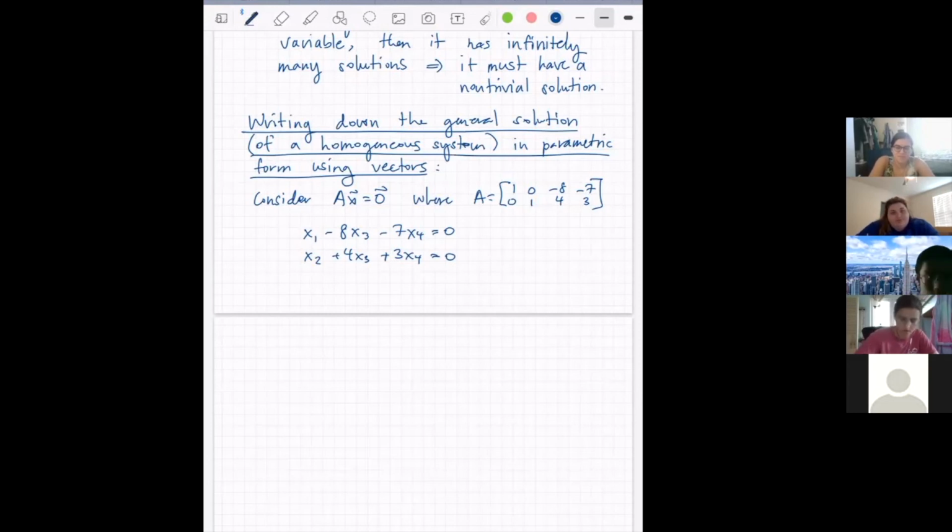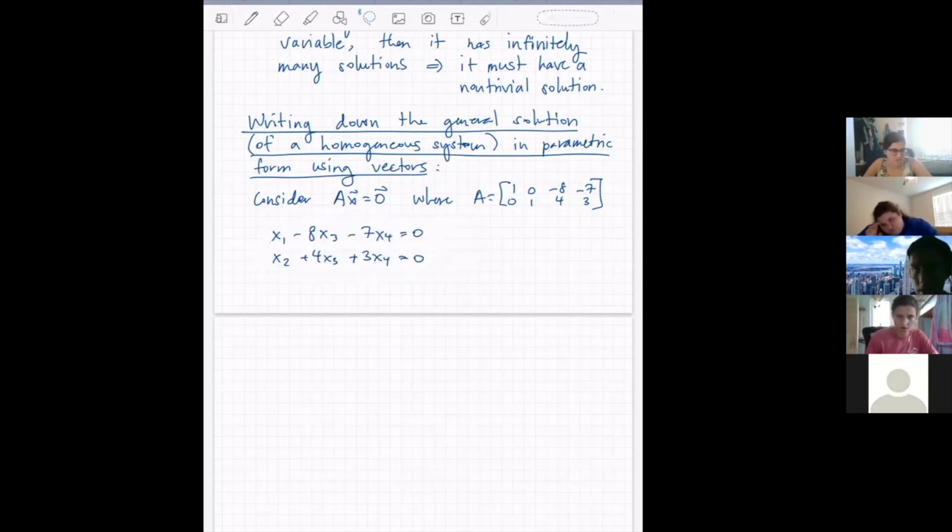Okay, so we would get these two equations, and then our standard procedure for writing down the solution, we would rewrite the first two, so x1 and x2, in terms of those free variables x3 and x4, right? So we would take this and get two new equations. Well, they're not really new, but we'll just move these to the other side.